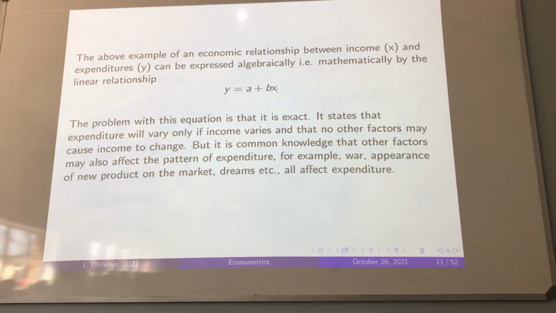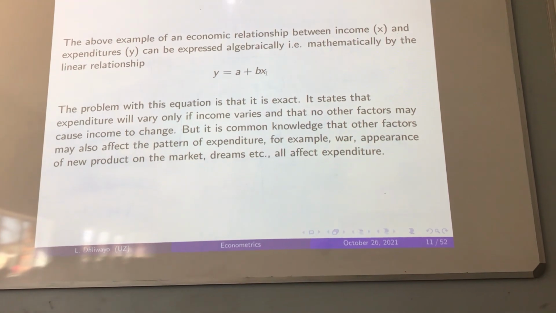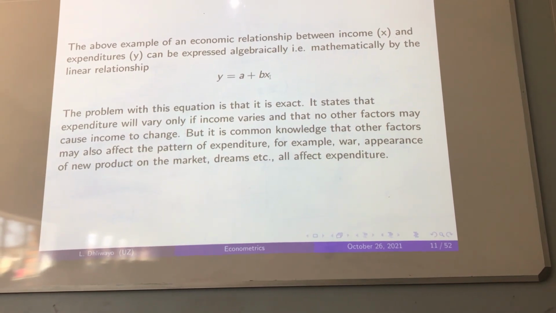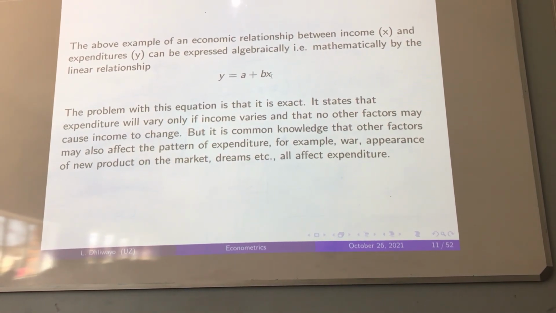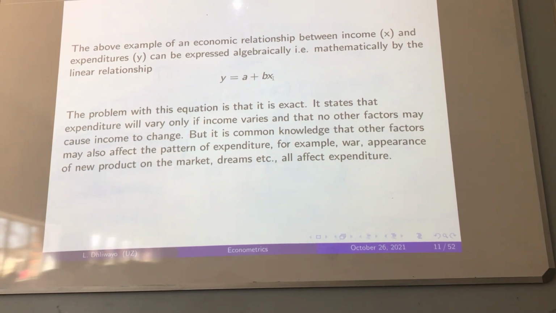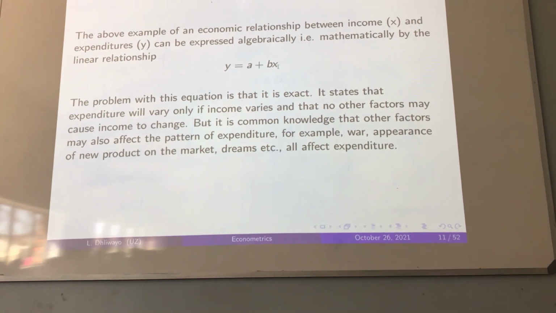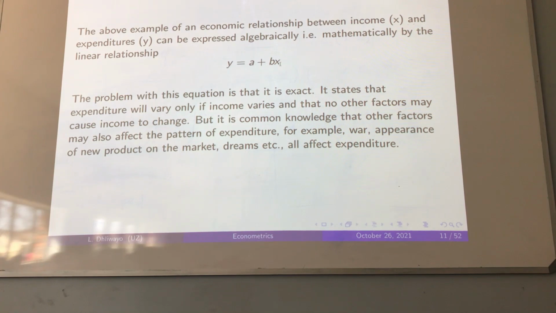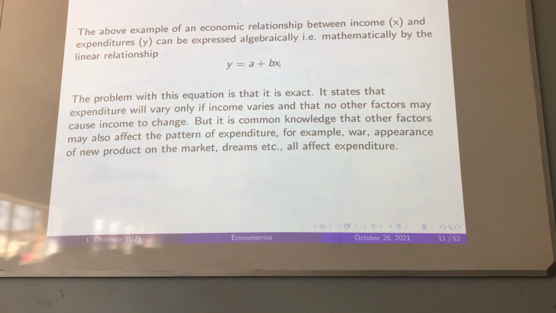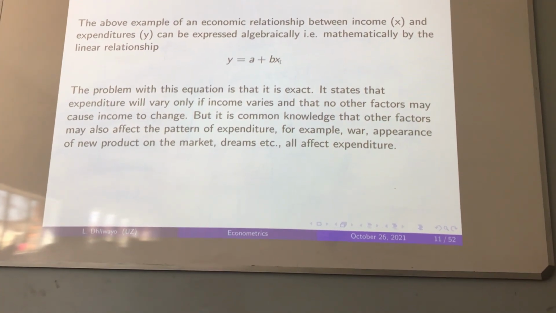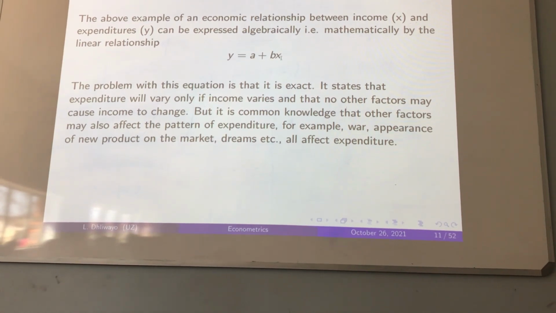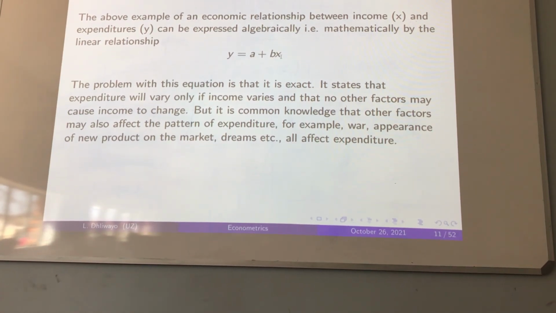Okay. The above example of an economic relationship between income and expenditure can be expressed algebraically, i.e., mathematically, by the linear relationship Y = A + BX. And this equation, we call this equation what? Exact.